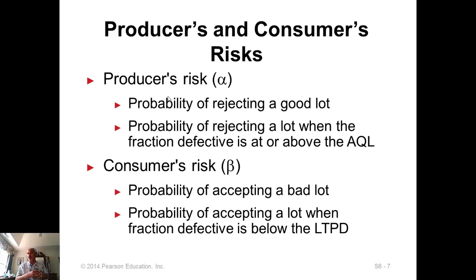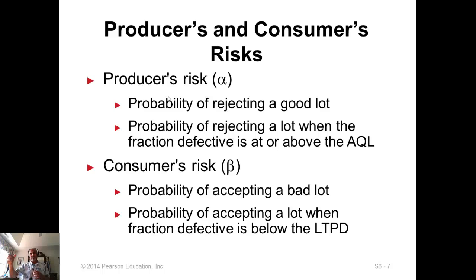We're going to rely on the sampling plan. Hopefully the sampling plan is discriminating enough that if the proportion of defectives in the lot is AQL or less, you will accept the lot. But off and on, hopefully not too frequently, the sample may contain more defectives than C, then you end up rejecting the lot. So there is a risk of that happening. That is called producer's risk.